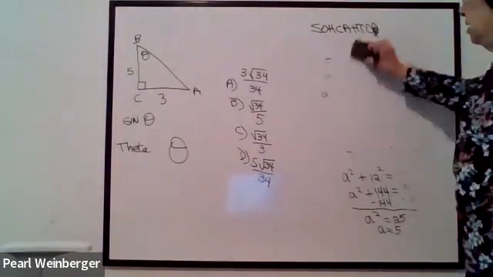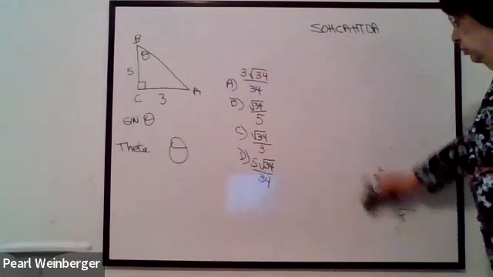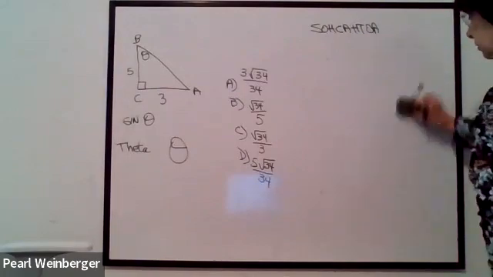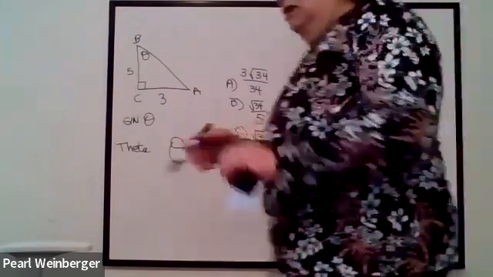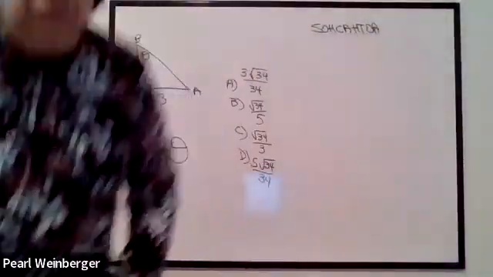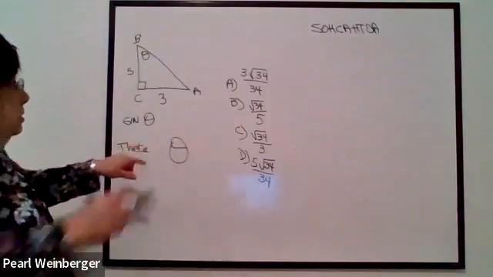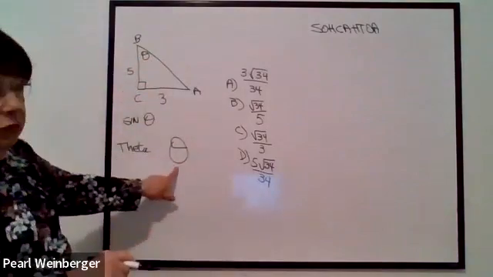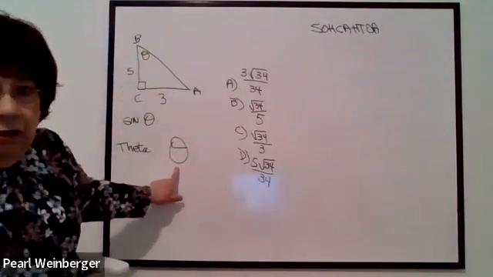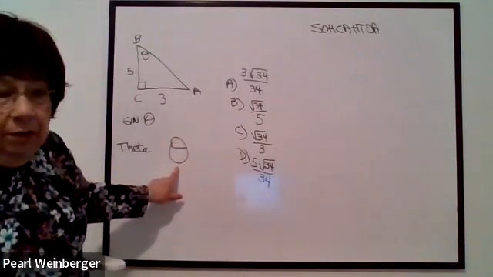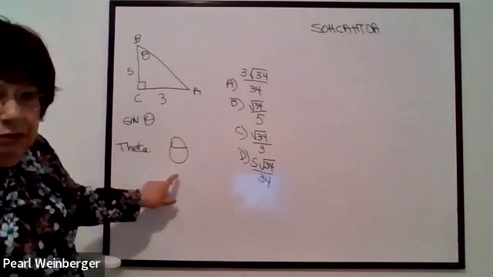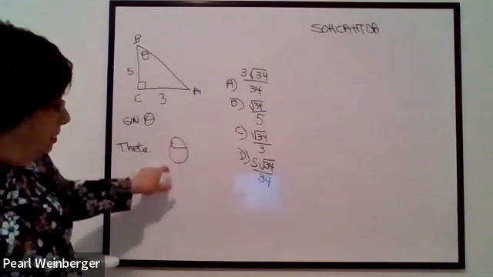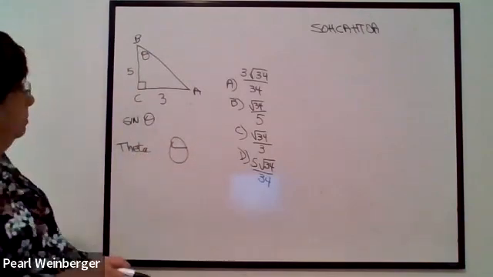A lot of times Greek letters are used. Whenever you see a Greek letter being used, it's like when you use x for a variable, and the most common Greek letter that's used is this theta symbol.